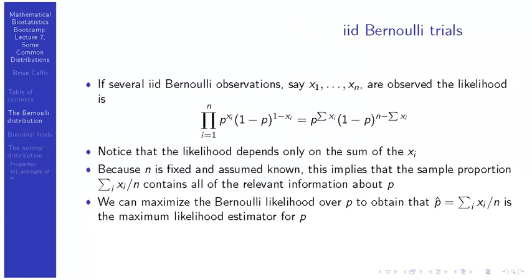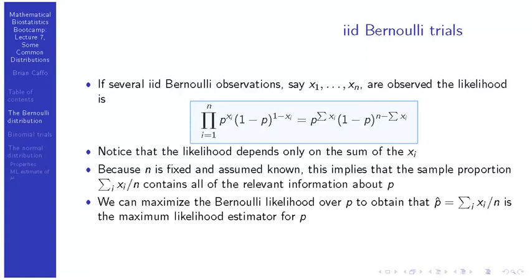We've also already talked about the Bernoulli likelihood function. If x1 to xn are observed data points, numbers that we recorded, a collection of zeros and ones, then the likelihood is the product, because we model these as independent coin flips, of p to the xi, 1 minus p to the 1 minus xi.